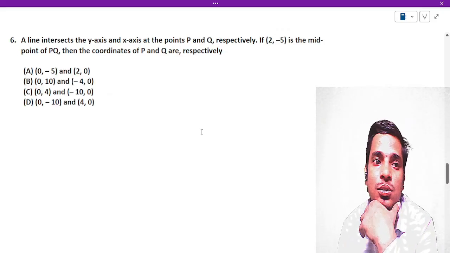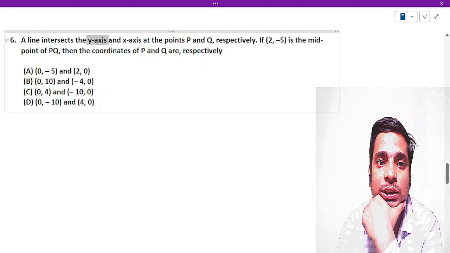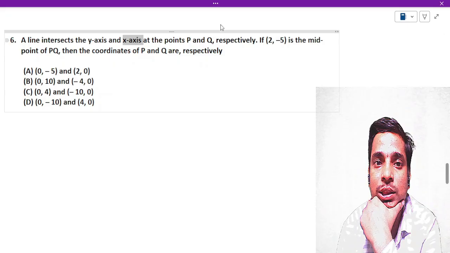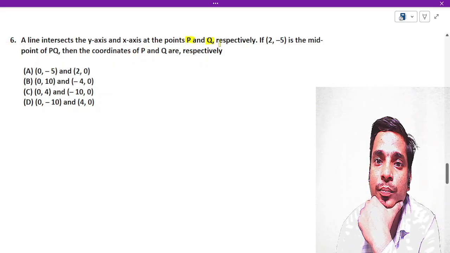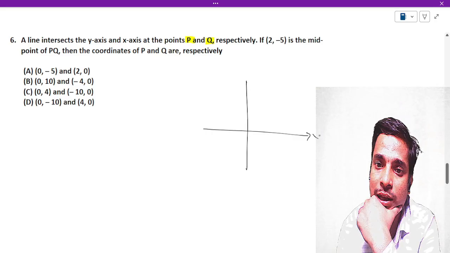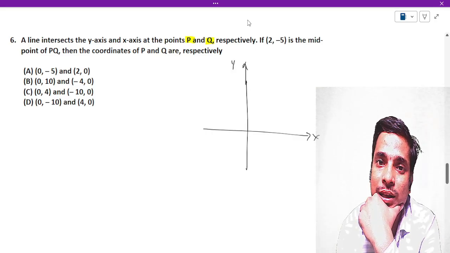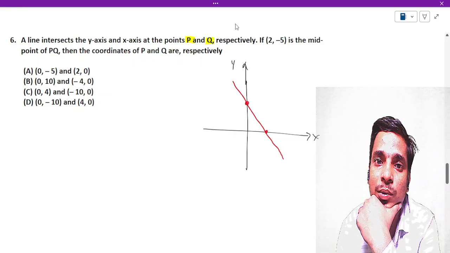So here in this question, a line intersects the y-axis and x-axis at points P and Q. We have the x-axis over here, the y-axis. Any line, let's say this line, is intersecting this y-axis at this point and the x-axis at this point.